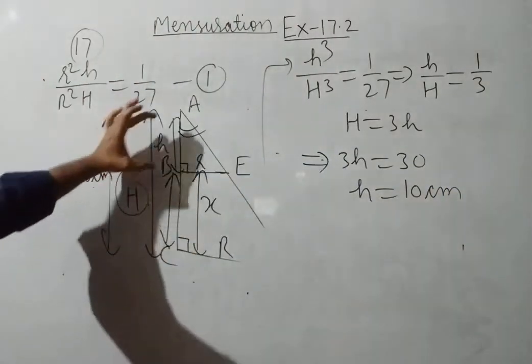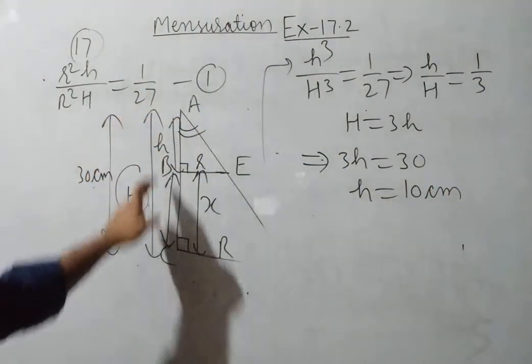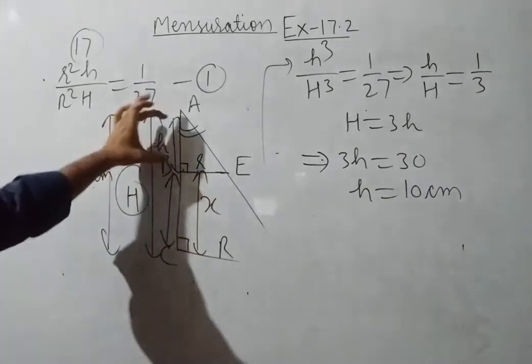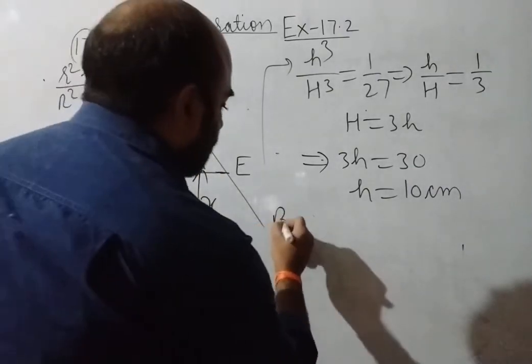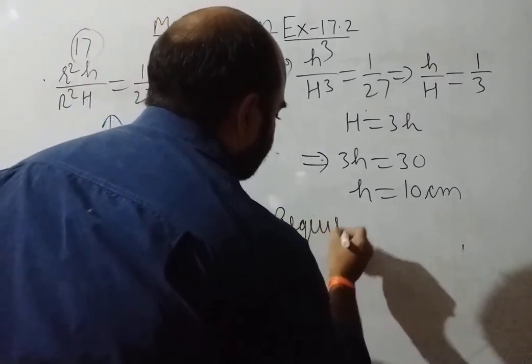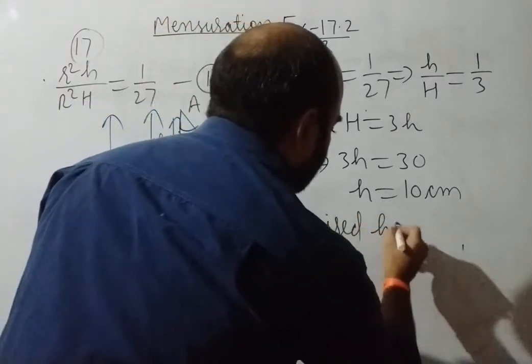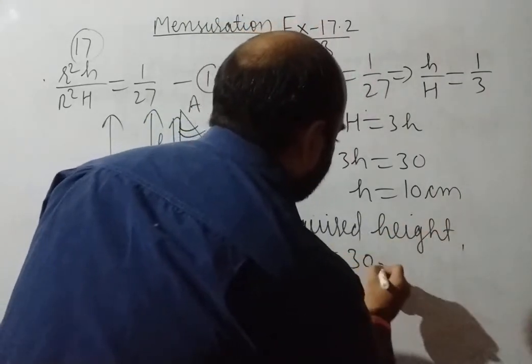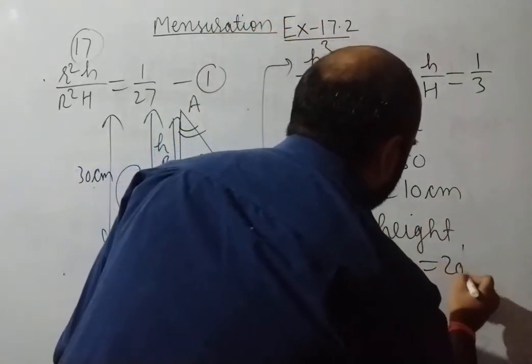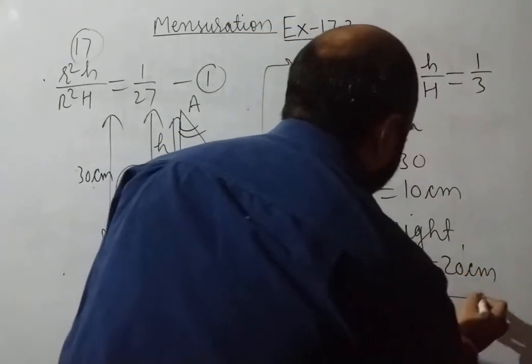Clear? It means this is 10 and the total is 30. So the required height, that is x, what we have supposed, will be 30 minus 10, 20 centimeter.